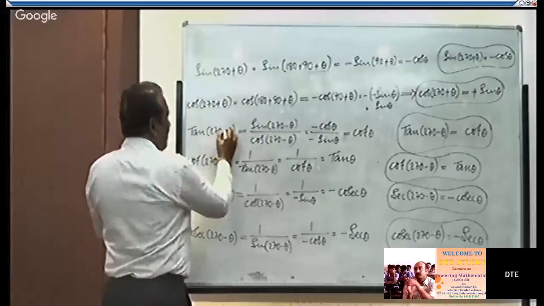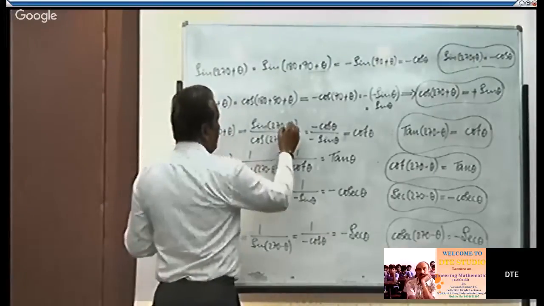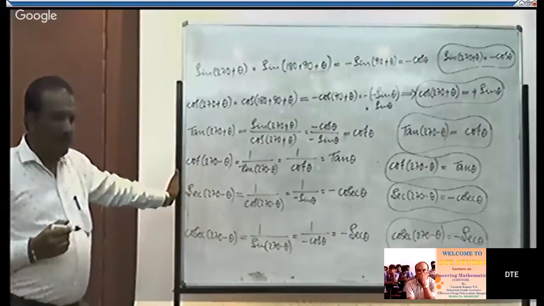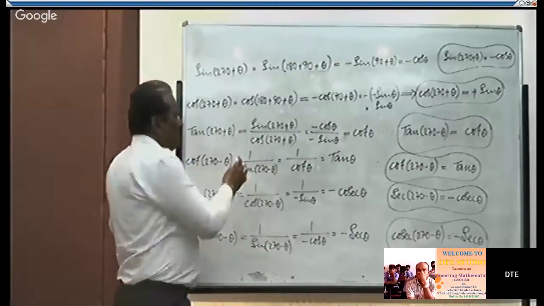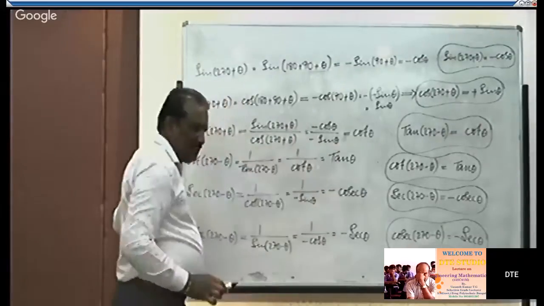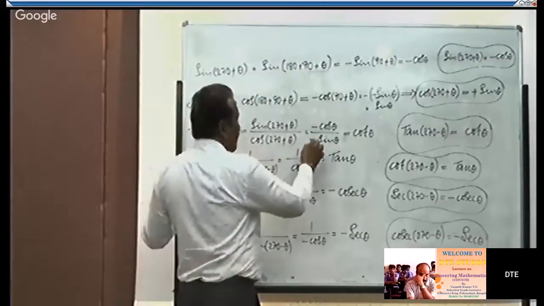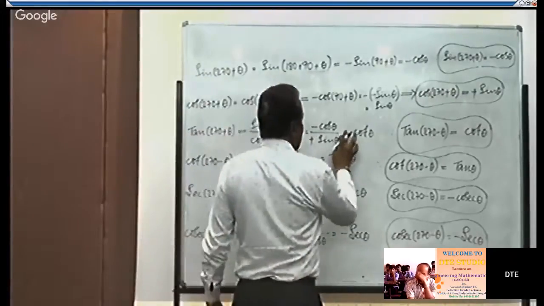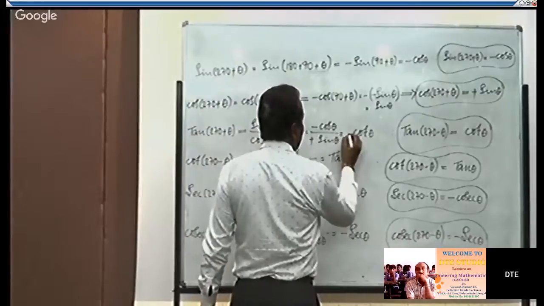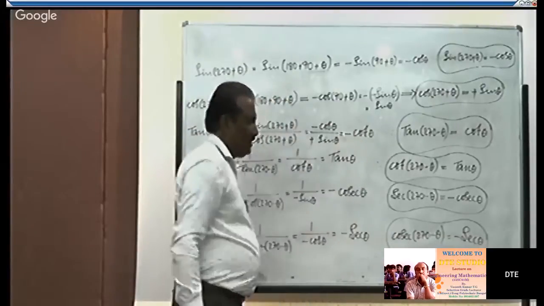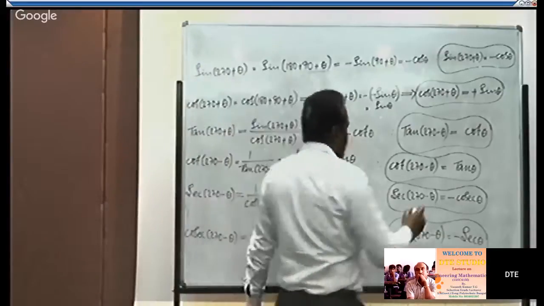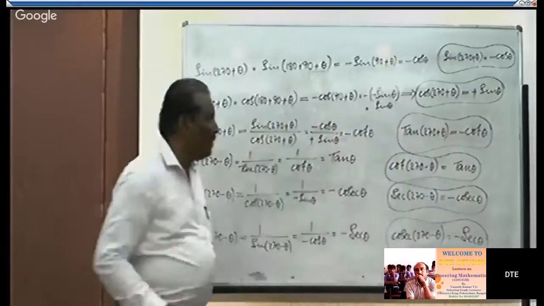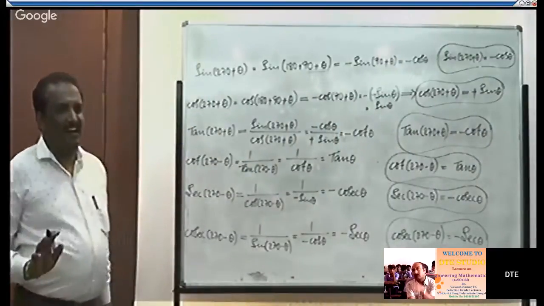Similarly, tan of 270 plus theta can be written as sine of 270 plus theta by cos of 270 plus theta. Sine of 270 plus theta, we know that it is minus cos theta. Cos of 270 plus theta is equal to sine theta. Now, minus cos theta divided by sine theta is minus cot theta. Therefore, the conclusion is tan of 270 plus theta is equal to minus cot theta.